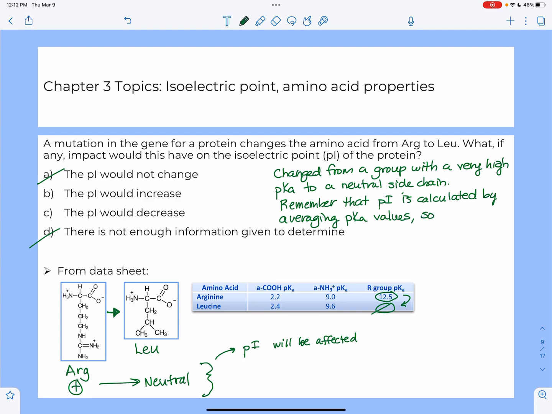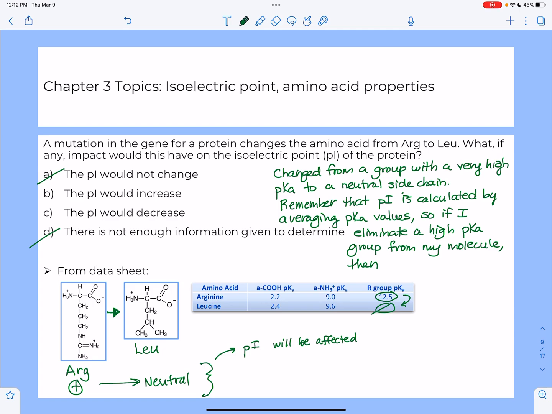So if I'm getting rid of a high pKa, okay, so if I eliminate a high pKa group from my molecule, then the calculated pI value that I get is actually going to go down.